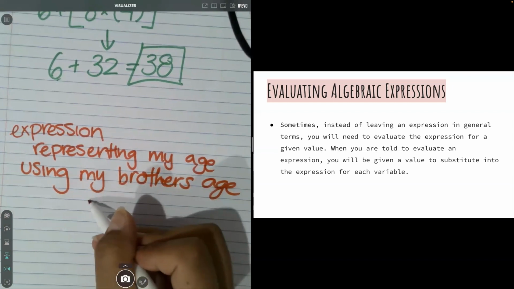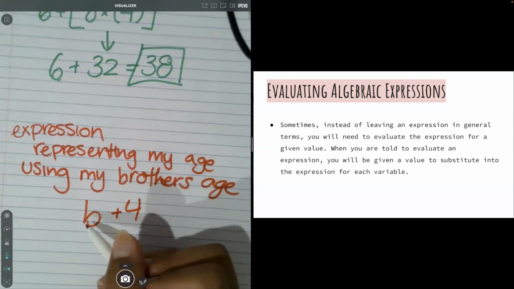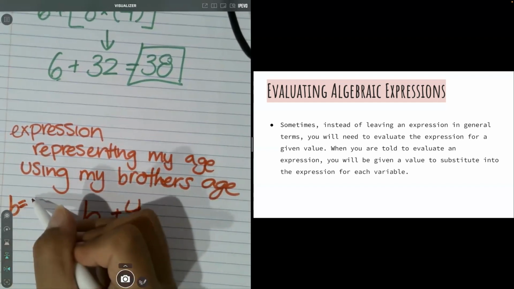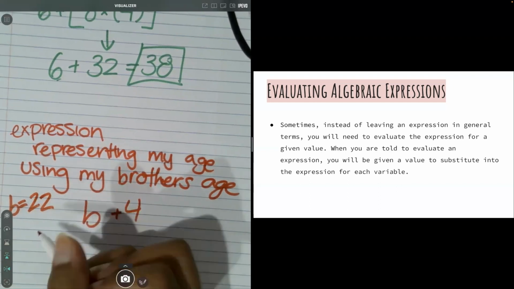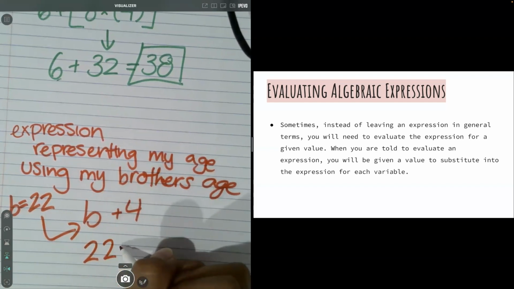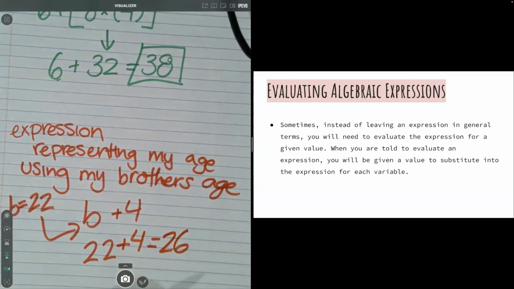So how do you calculate my age? It's b plus 4. However old my brother is plus 4. So if I say right now my brother's age is 22, now we can substitute into here. I know what b is for this particular instance. I'd figure out that my age right now is 26.